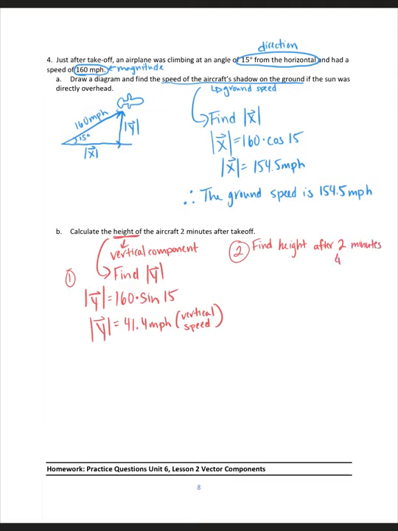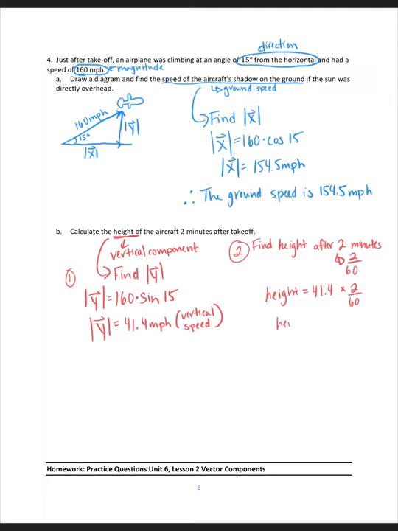Which, think about 2 minutes in terms of hours would be 2 out of 60. So to calculate our height, we just have to take the speed, which is 41.4, times how long we're looking to calculate it for, which is 2/60ths of an hour.